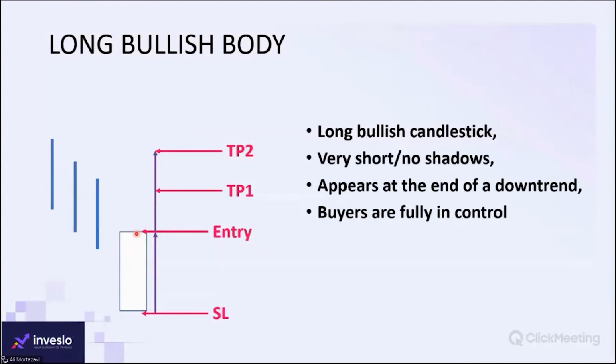Okay, it means we can buy if the candle exceeds the high of the long white body at this level, and then we can put our stop loss here. And to manage our take profit levels, we can choose to have a 1-to-1 reward to risk ratio or 1-to-2 reward to risk ratio. It depends on your risk management rules.